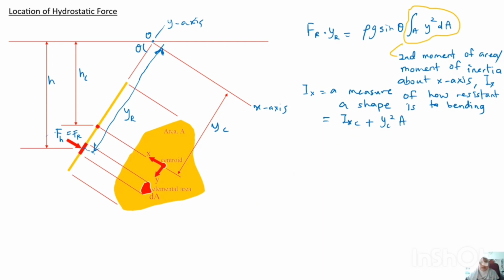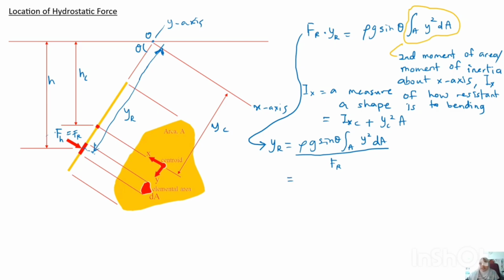Alright, so if I rewrite this, yr is equal to rho g sine theta, moment of inertia, divided by Fr.